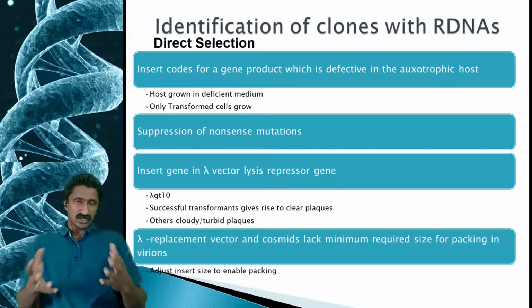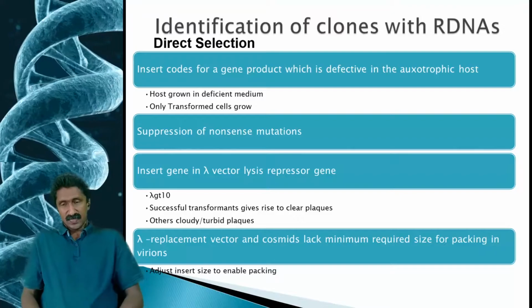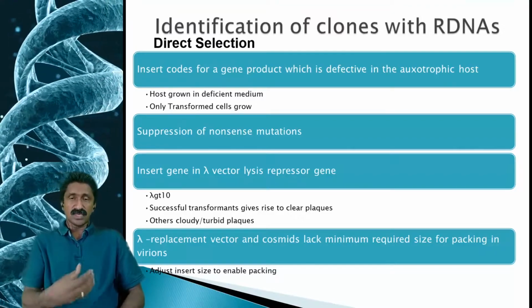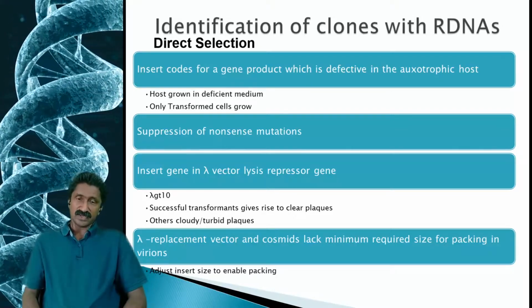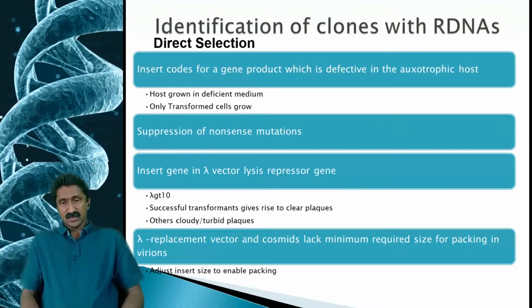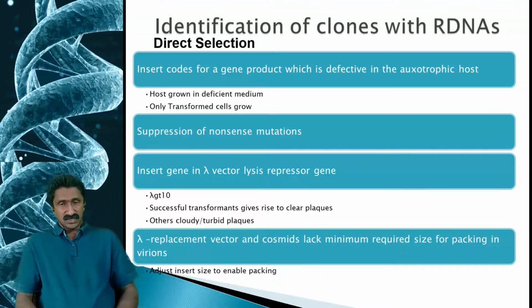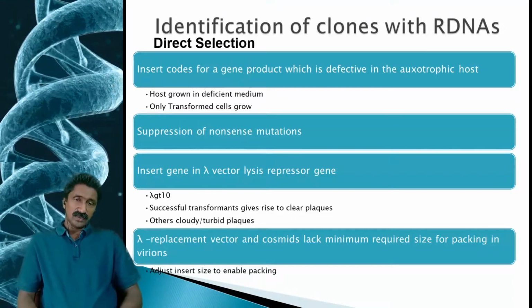That size is required based on the type of the vector. A sequence of a few thousand base pairs cannot be directly packed into a phage head. So the lambda replacement vectors lack the minimum required size for packing.